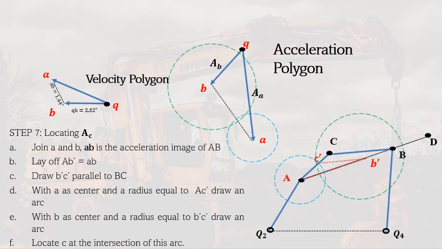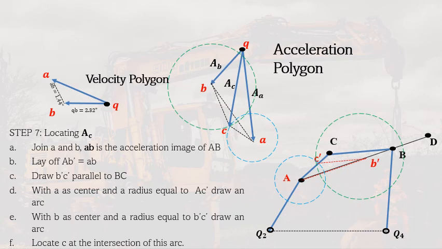So this is the circle that we draw from point B. Take note that in our linkage, there are two intersections, and the intersection represents the C prime. Same also with our acceleration polygon. The intersection would be the C prime. So you can see we are able to locate the point C.